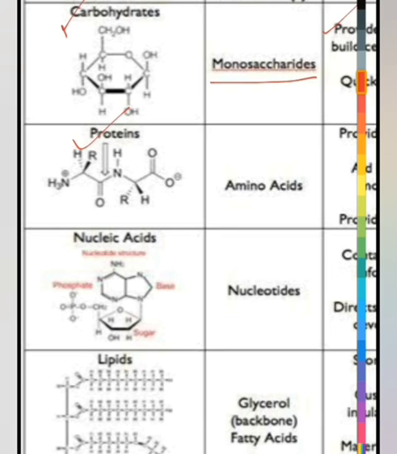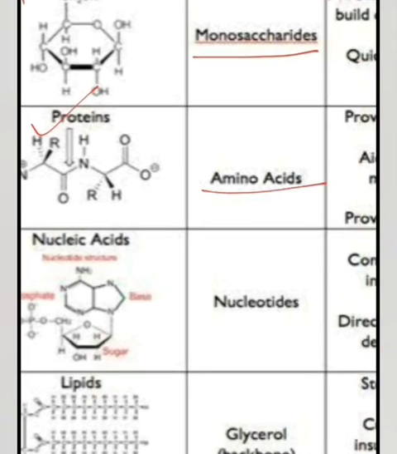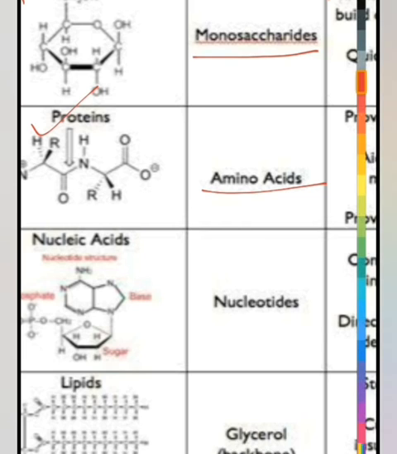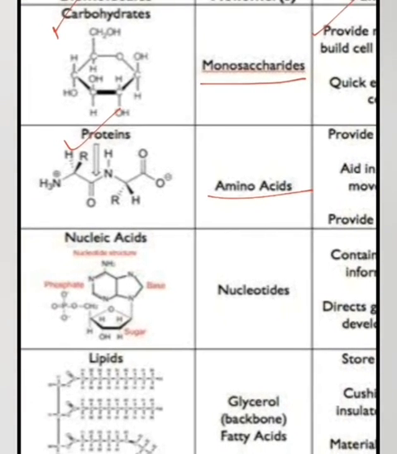The monomers of proteins are amino acids. So many amino acids, when they combine together, can form a protein. This name of the monomer is very important. You have to remember which monomers combine and then form which polymer. So the monomer of protein is amino acids.